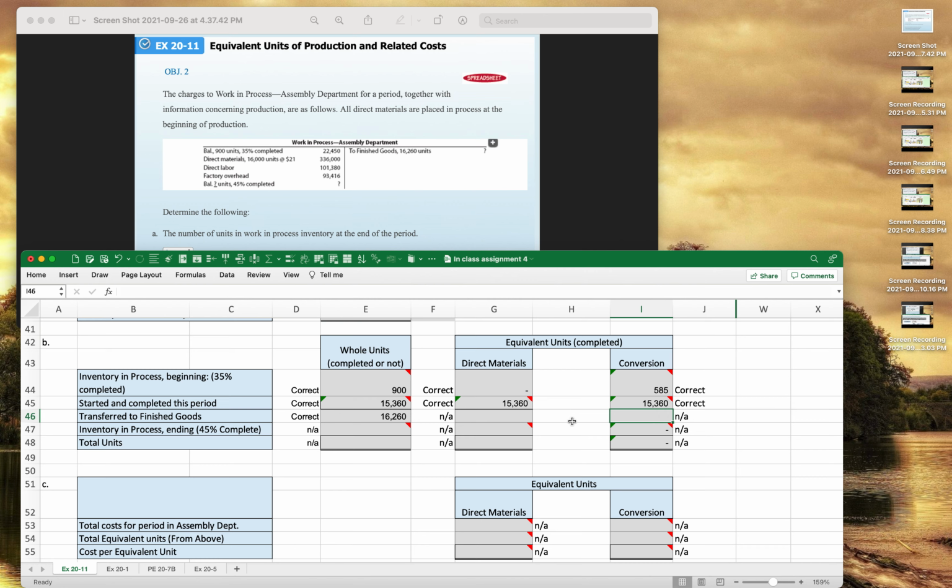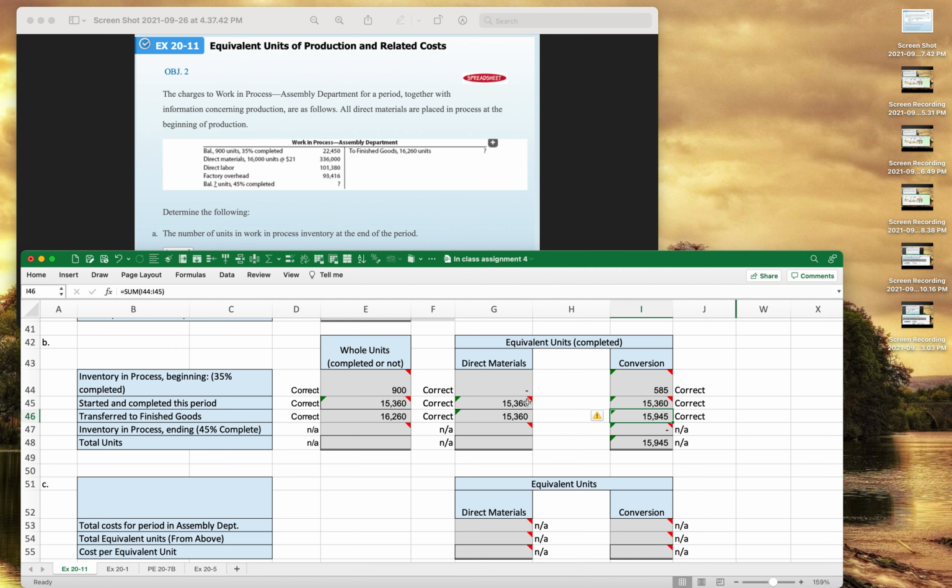All right. So for row 46, we just need to add up the totals here and the totals here. What does that mean to us? That means that out of the 16,260 units that were transferred out of this department, 15,360 of them needed direct material.